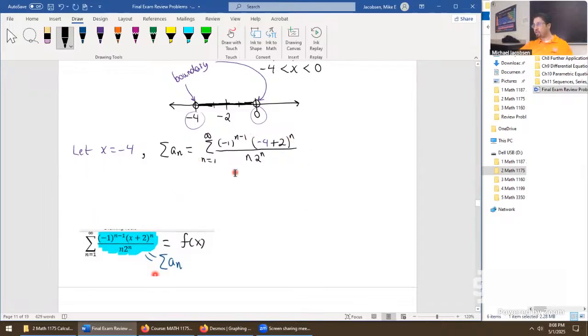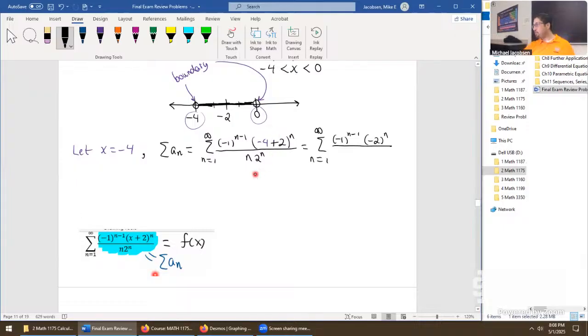Now we just need to do some work on this and ask, what is going on with this whole series? A little bit of algebra gives us a sum from 1 to infinity of (-1) to the power n minus 1, and this is now (-2) to the power of n.